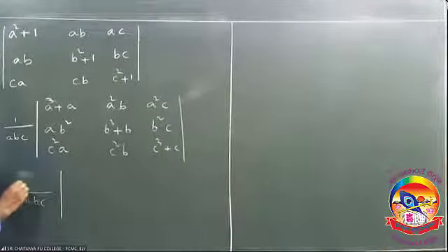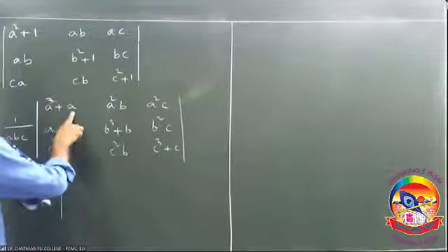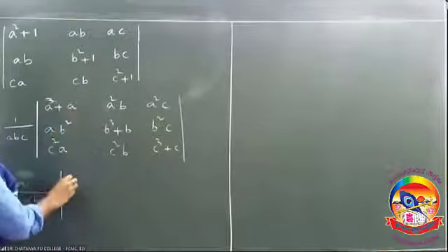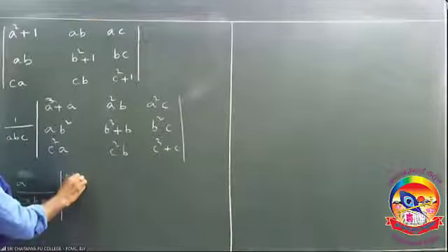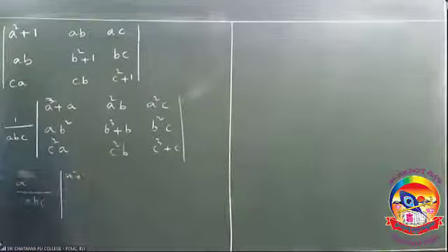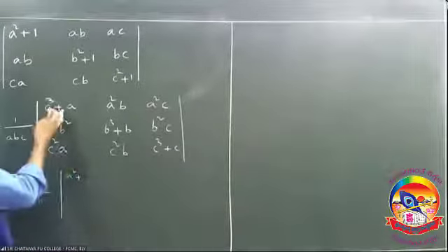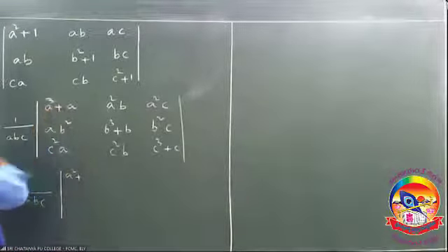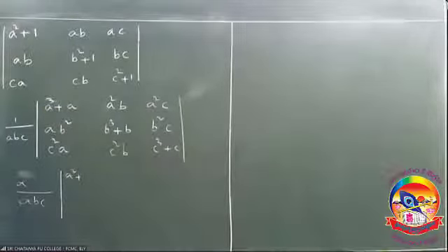I am going to take a from the first row outside. I am going to get a square plus 1. Better to do, you take a square or a from the first column.